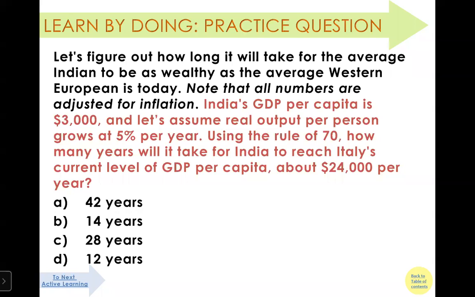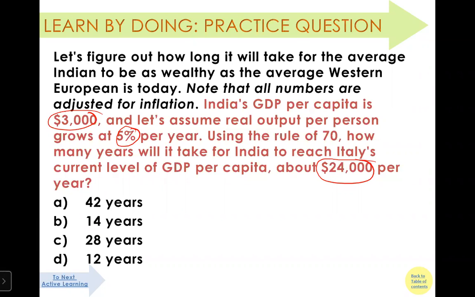Now the other one. There are 2 economies. One, India, currently at 3,000 with a growth rate of 5%. The other is Italy, with a per capita GDP of 24,000.